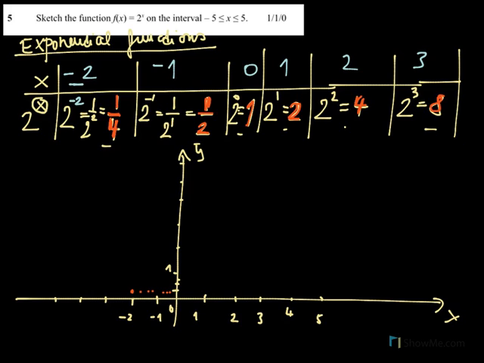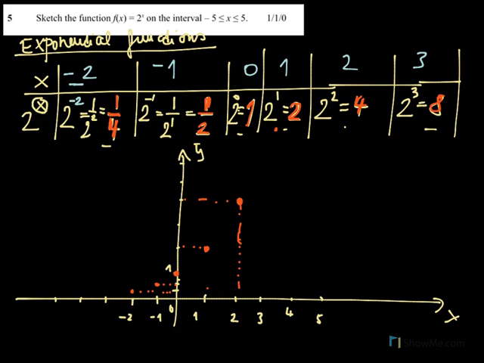For negative 1, I have 1/2. 0, 1. 1, 2. 2, 4. 3, and now this will not fit, so in your diagrams try to make it all the way to 3 at least. If this is 4, somewhere here we'll have 8.